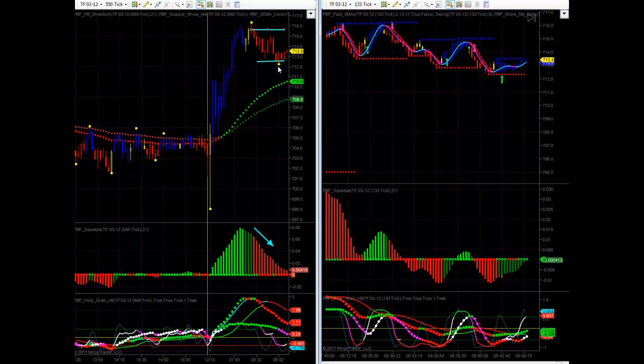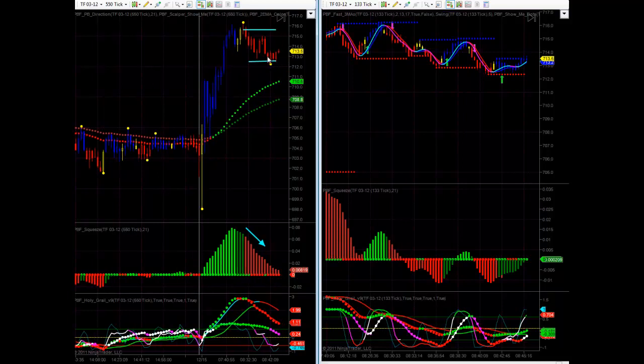Okay, we put in a low show me dot here, so this might just bounce all the way up to the previous swing high. So we want to give this a little time to see what happens. If we get all the way up here, don't be surprised to see our new swing low go a little bit higher. But let's see what happens here.